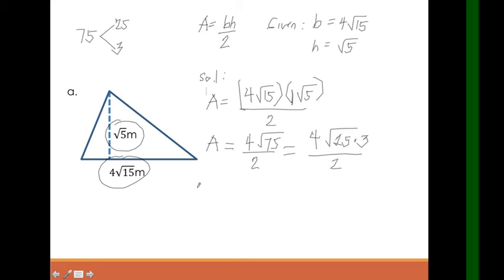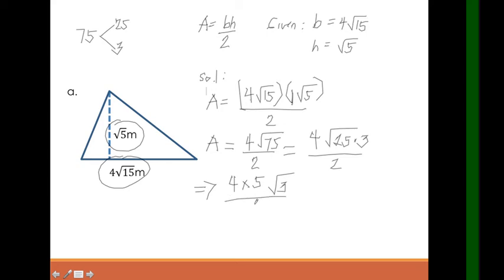Okay. Now, for the continuation, what is the square root of 25? That's 5. So we have 4 times 5, because we take out 5 since it is a perfect square root. And we have 3 remaining, so square root of 3.